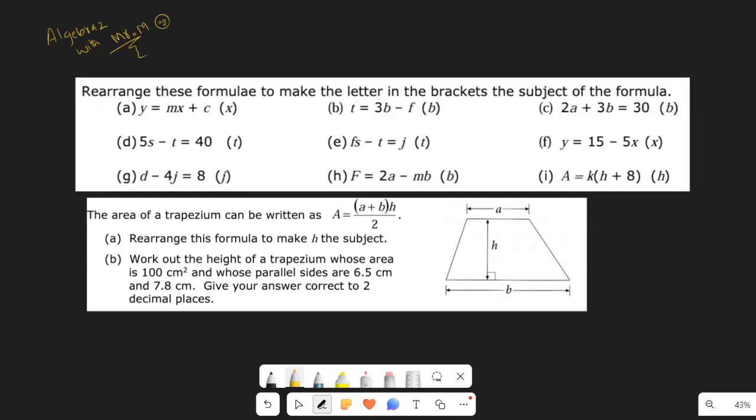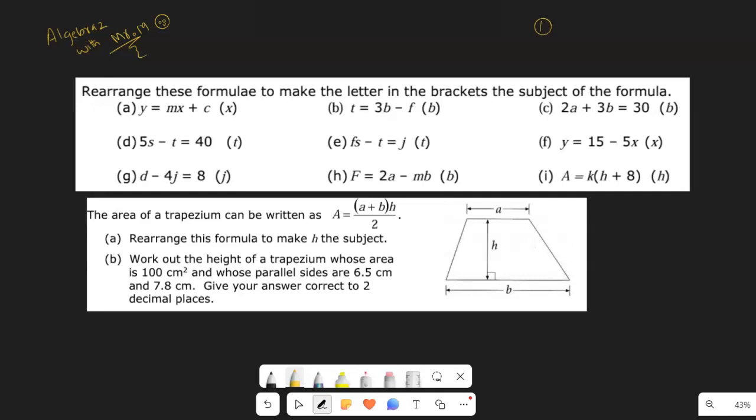To do this procedure, you should have some basic idea about how to make the subject of the formula.